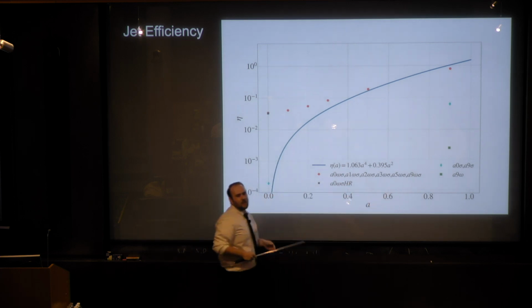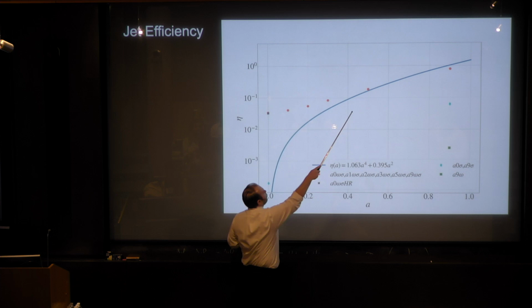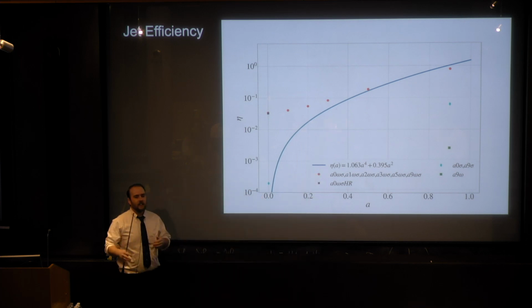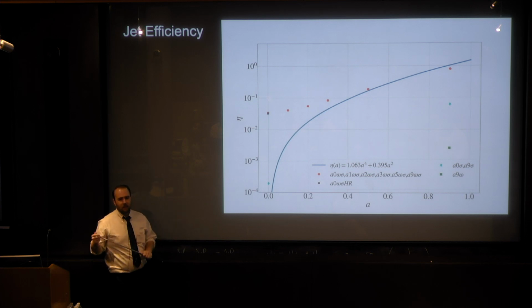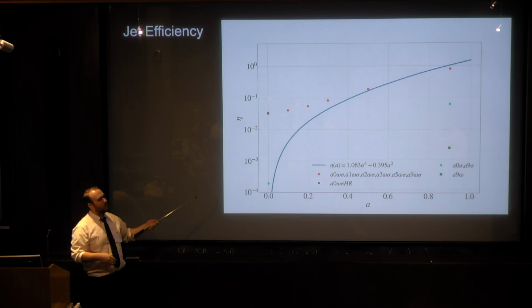But at some point around 0.2 to 0.4 spin of the black hole, the central outflow dominates over the outer outflows. So that's what you end up seeing, the central GRB.